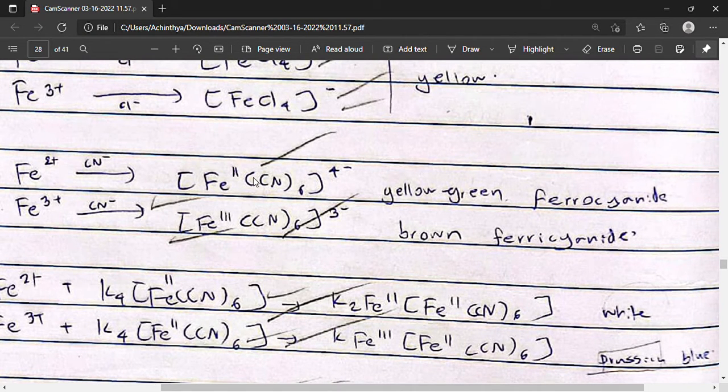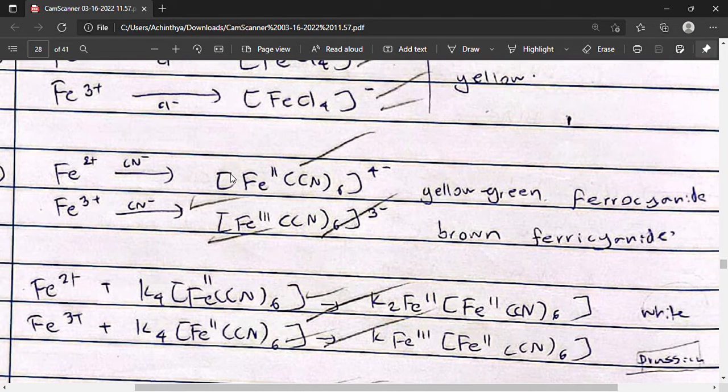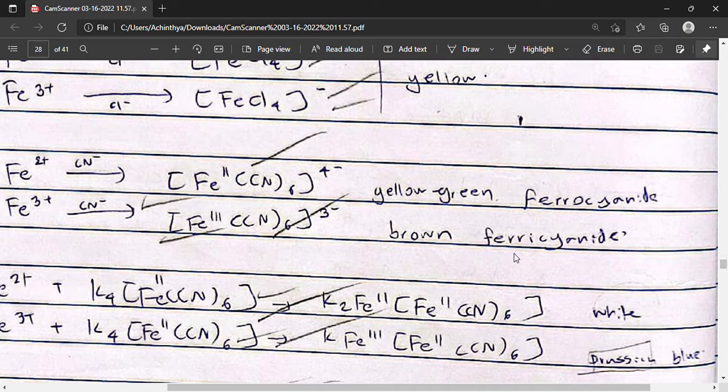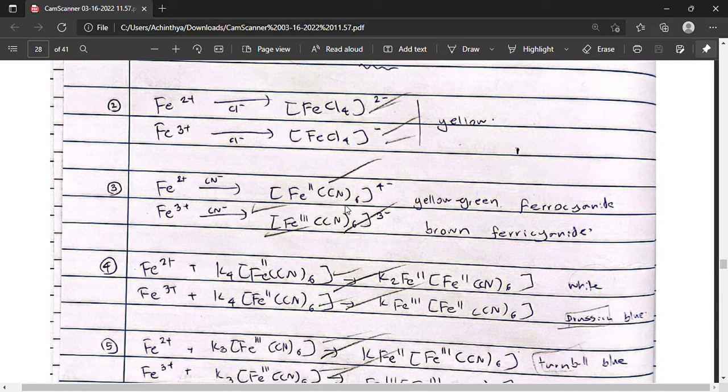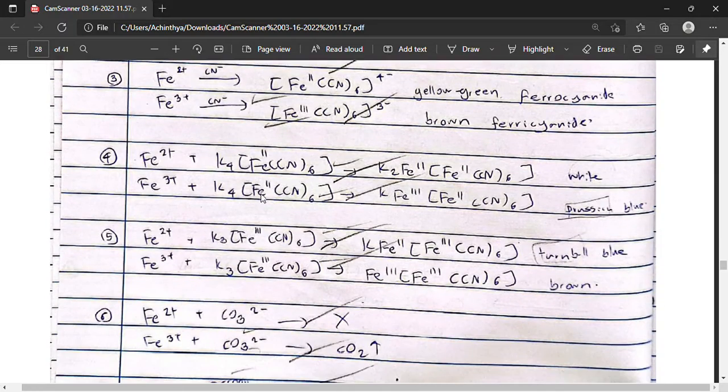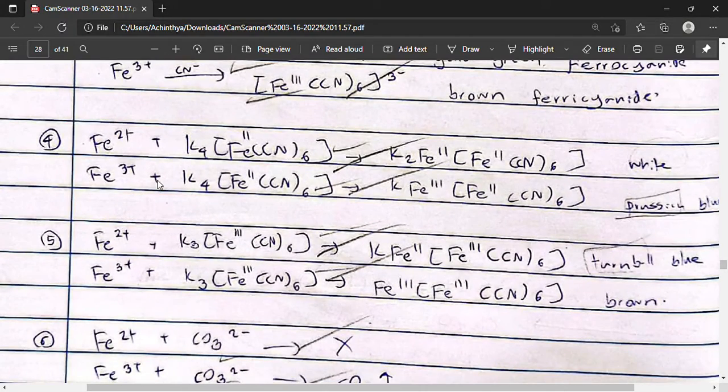It's ferrocyanide because the ion here is in +2 oxidation state. While here, if cyanide ion is added into ferric ion solution, we get a brown colored ferricyanide because the ion is in +3 oxidation state still. Yellow-green ferrocyanide, brown ferricyanide.